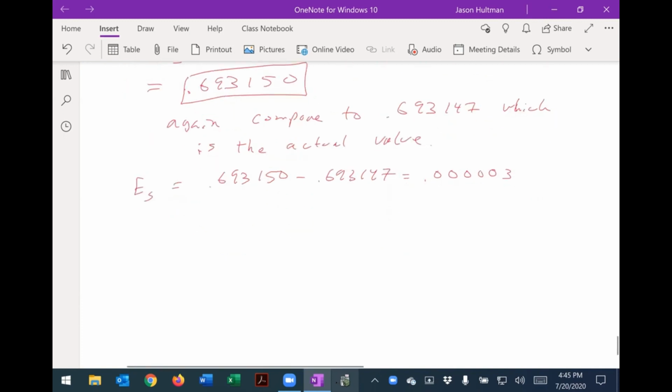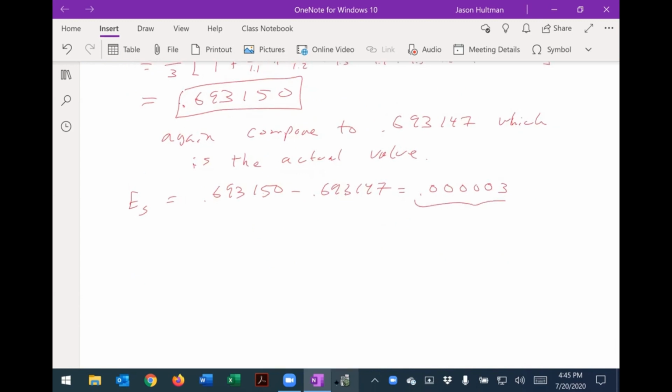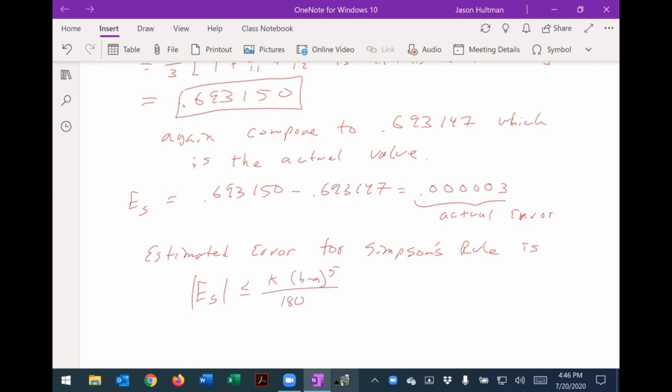So let's look at the error-bound formula for Simpson's rule. There is an error-bound formula. This is the actual error. Is there a way to estimate the error for Simpson's rule? And there is. The estimated error for Simpson's rule is: absolute value of E sub S is less than or equal to K times (b minus a) to the 5th power all over 180 n to the 4th, where K this time is the 4th derivative, not the 2nd.